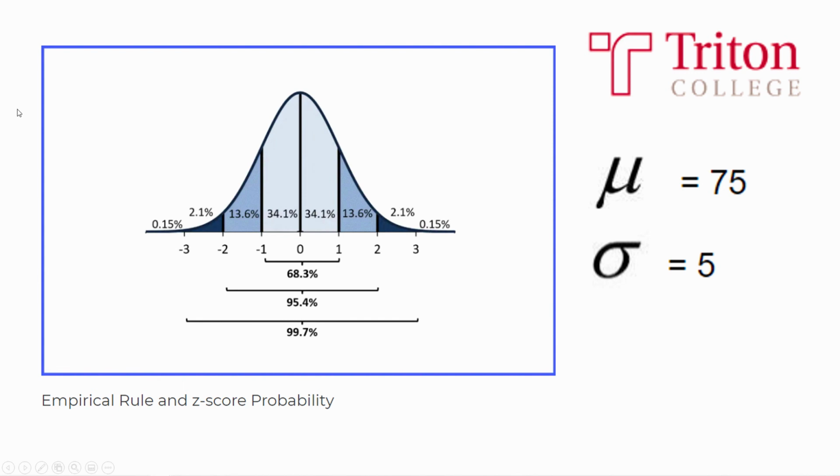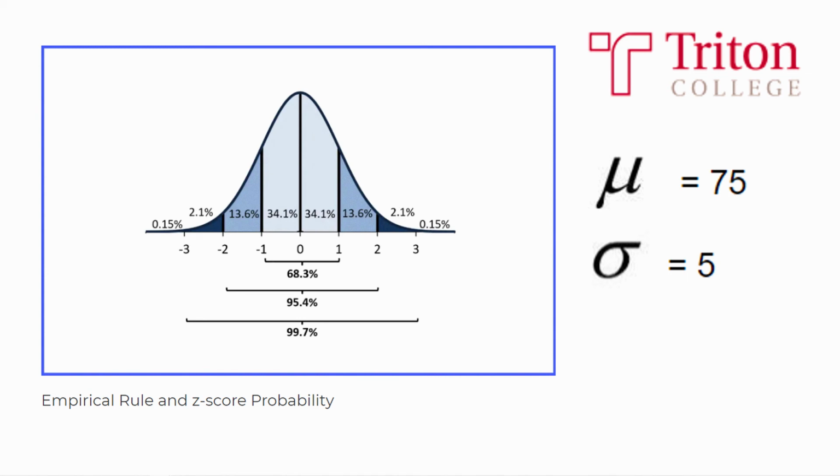Now what I did here is I have the same slide, but on the right-hand side I have 2 descriptive measurements. We have the mean, which is mu, or me, depending on your dialect, is 75. And let's just say these numbers represent test scores on the right-hand side.